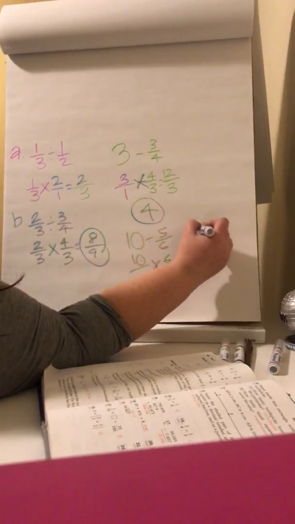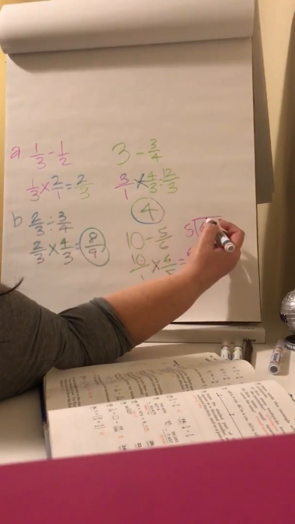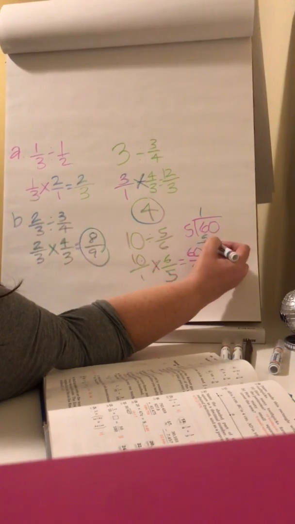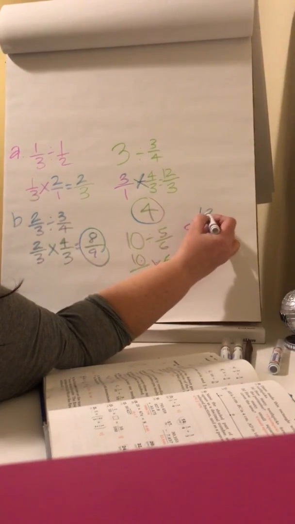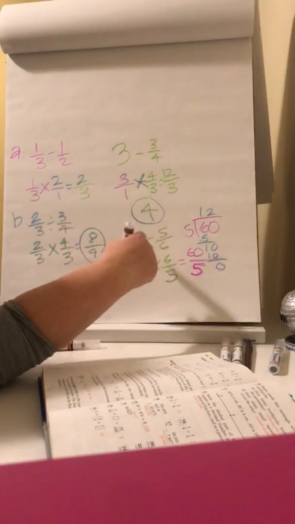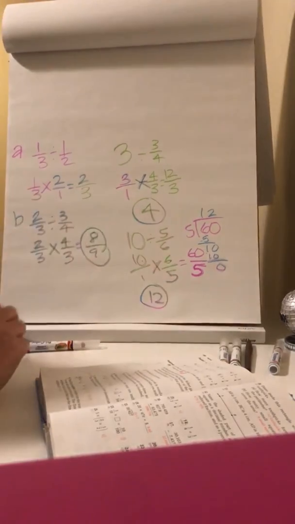Okay, if you can't do that, go ahead and divide our 60 by 5. How many times can 5 go into 6? Once. Good job. Subtract. How many times can 5 go into 10? Twice. Super good. And there's no remainder. So our answer of 10 divided by 5/6 is the number 12.